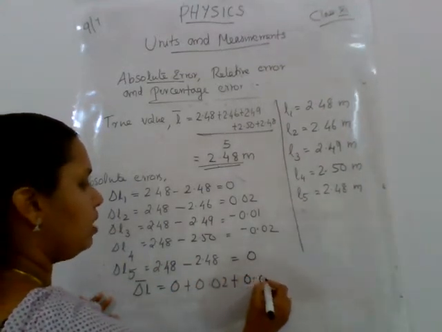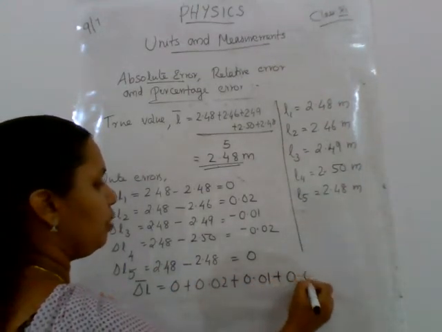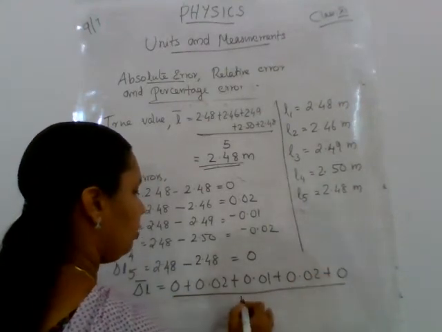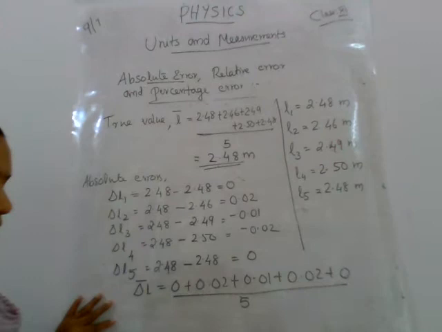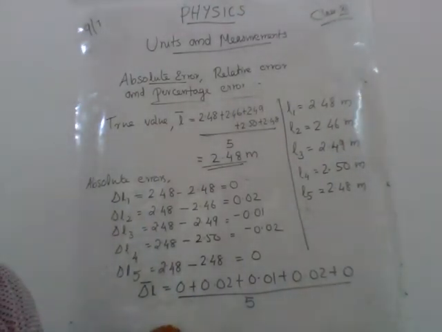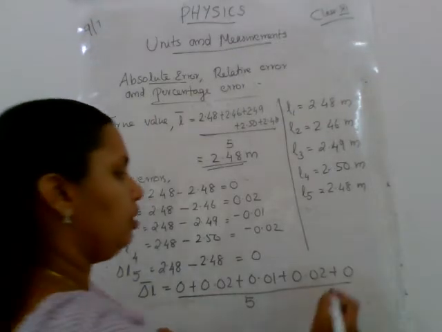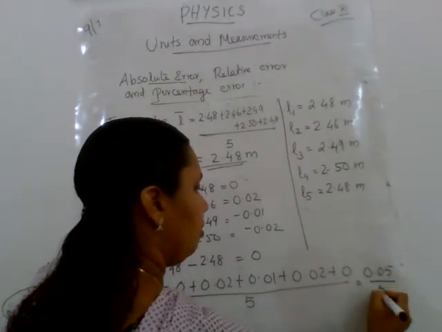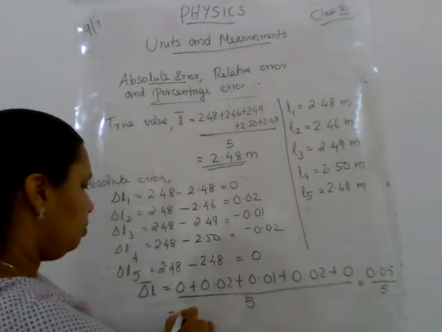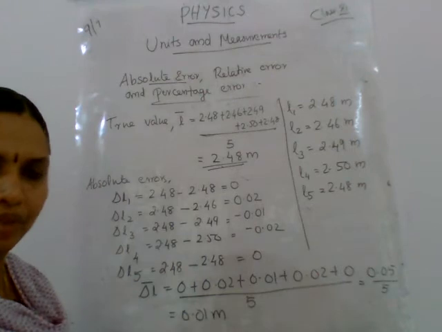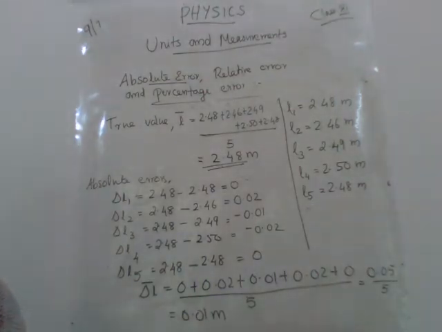So 0.01 plus 0.02 plus 0 divided by how many? 5, isn't it? So delta L bar is equal to this. How much is it? Find out. It is 0.05 divided by 5, which is equal to 0.01 meter.